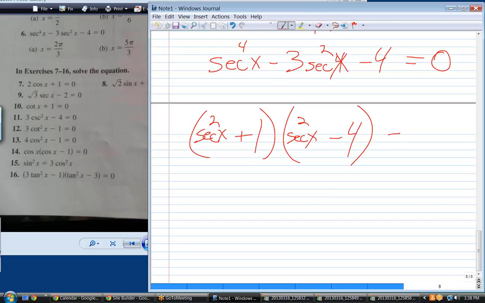Okay. Now, if that's equal to 0, then secant squared x is equal to negative 1. Don't like that solution. That means secant x is the square root of negative 1. And cross that off right away.